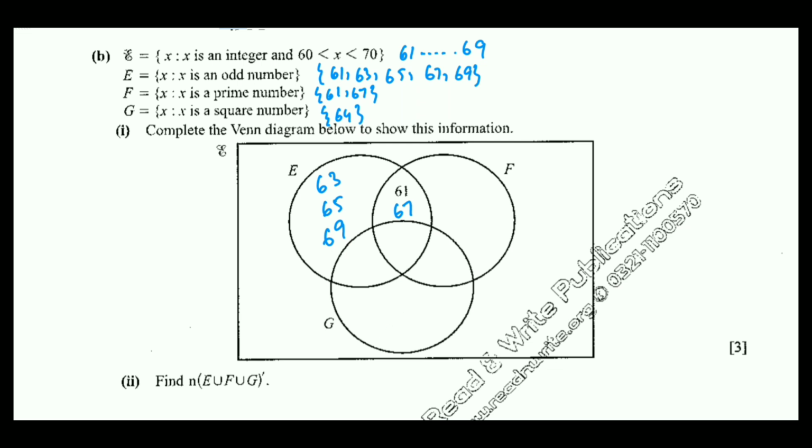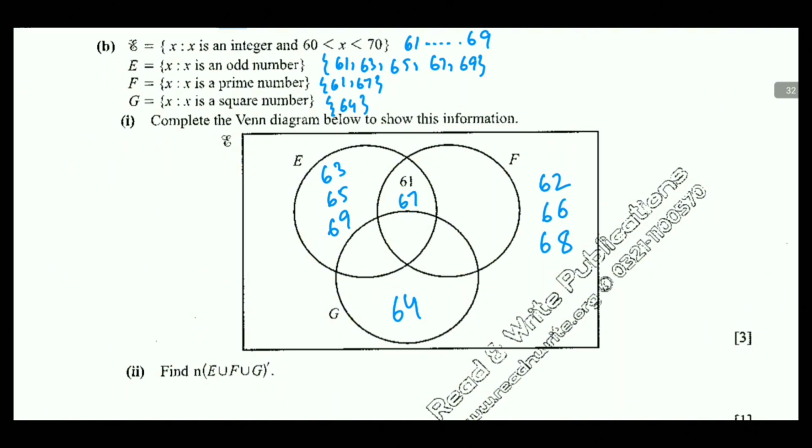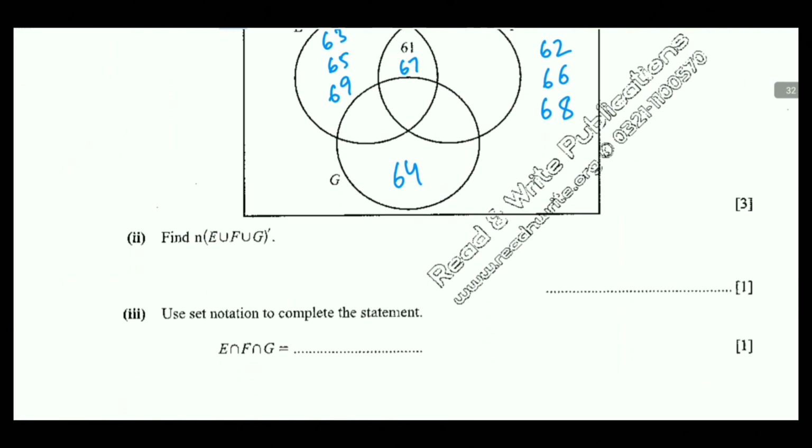What is common between E and G? Nothing. G value is 64. You will write it in this section. And the other values 62, 66 and 68 will be written outside the circles. So this is the way you will represent the data in the diagram.